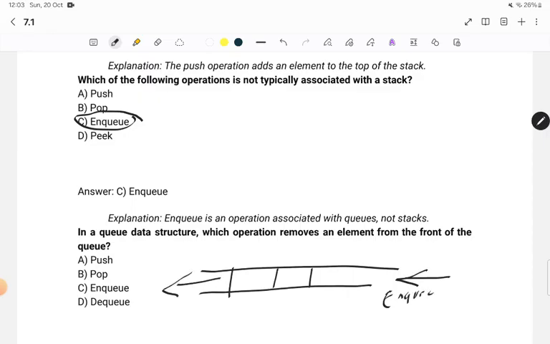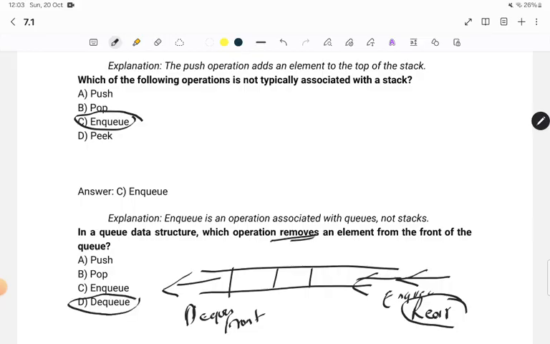And if you are going to remove the element, it is called dequeue operation. This enqueue operation always takes place from the rear end. This is called rear end. And the dequeue or deletion operation always takes place at the front end. So which removes the element? So dequeue is the correct answer.